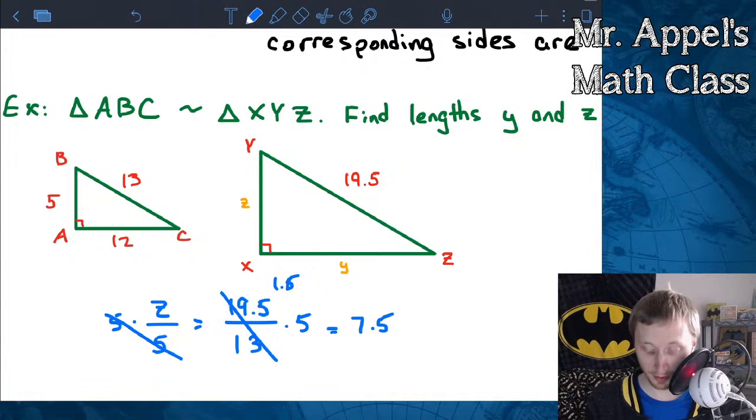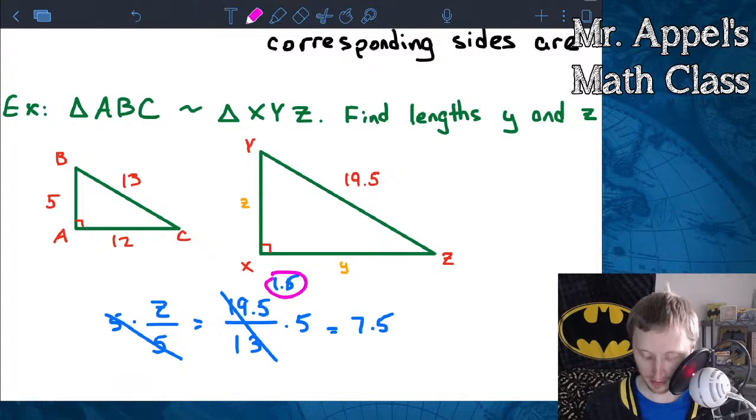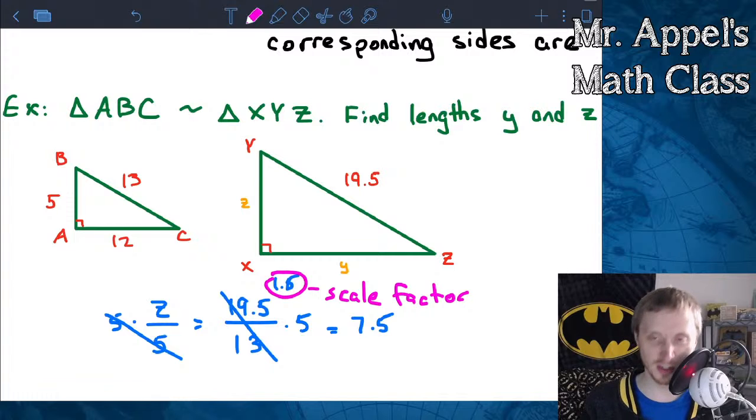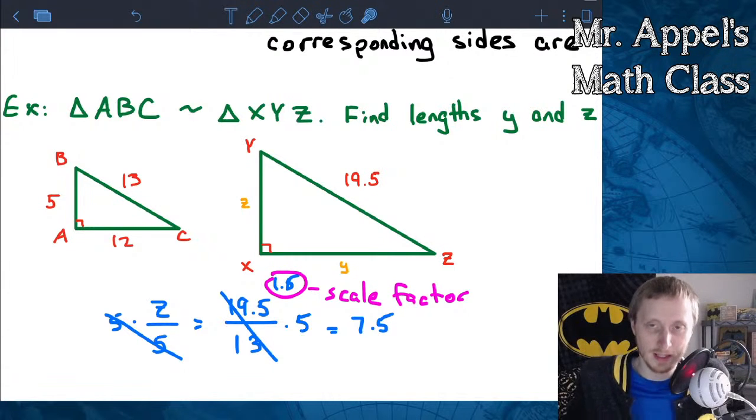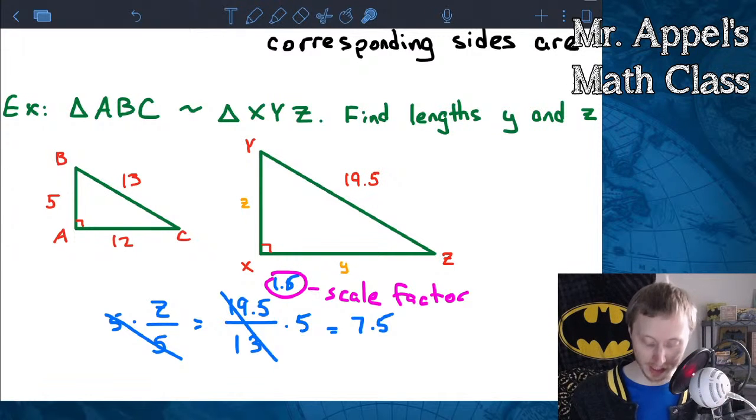Okay. Along the way, we can see from the two known values, this comparison of large to small gives me my scale factor of the triangles, which is just a fancy term for how much bigger, how many times larger the big one is than the small one. It's 1.5 times bigger, been scaled by 150%.